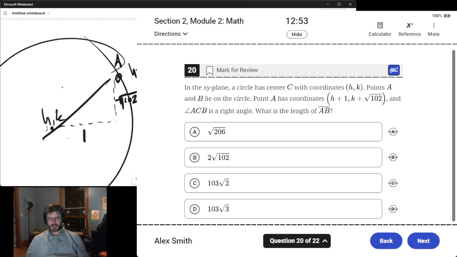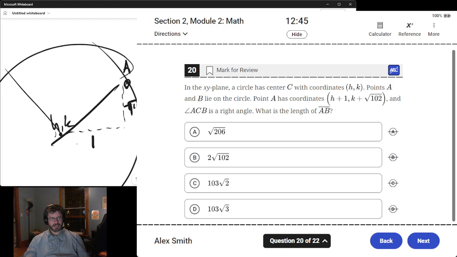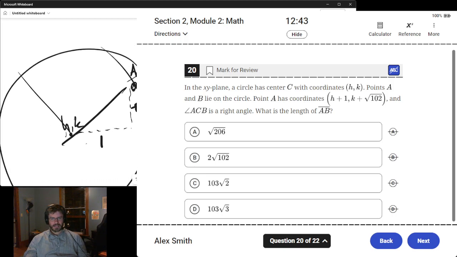So A is here. B is off this way somewhere. And it makes a right triangle. That's what they tell us. So that's B there. This is 90 at the origin. That's 90. Okay.